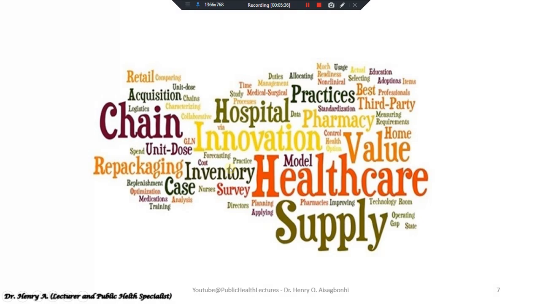From here, you can also see different labels, for example logistics, repackaging, inventory, healthcare, innovation, supply, logistics chain, hospital, data, practices, and many others. All these are part of retailing, comparing, acquisition, and all that. So from time to time, you will see us use these terminologies.